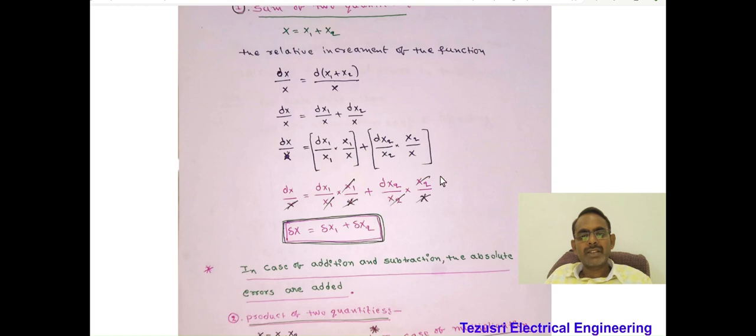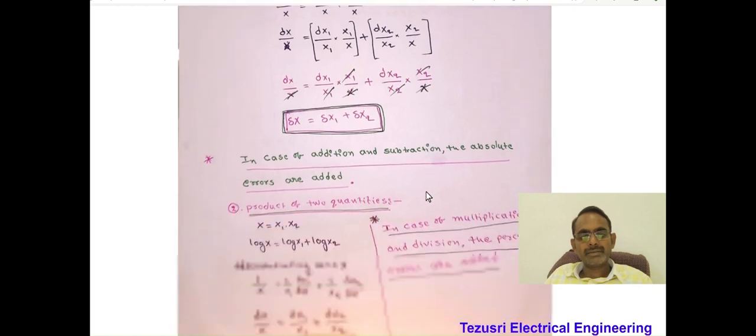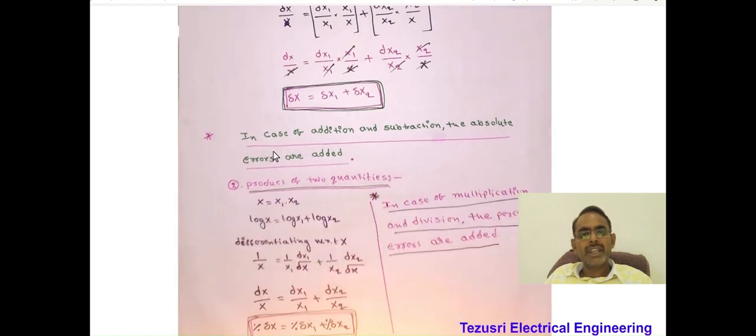Then we get the absolute error in the resultant combination equal to the absolute error in x1 plus the absolute error in x2. That means we conclude that in case of addition and subtraction, the absolute errors are added.